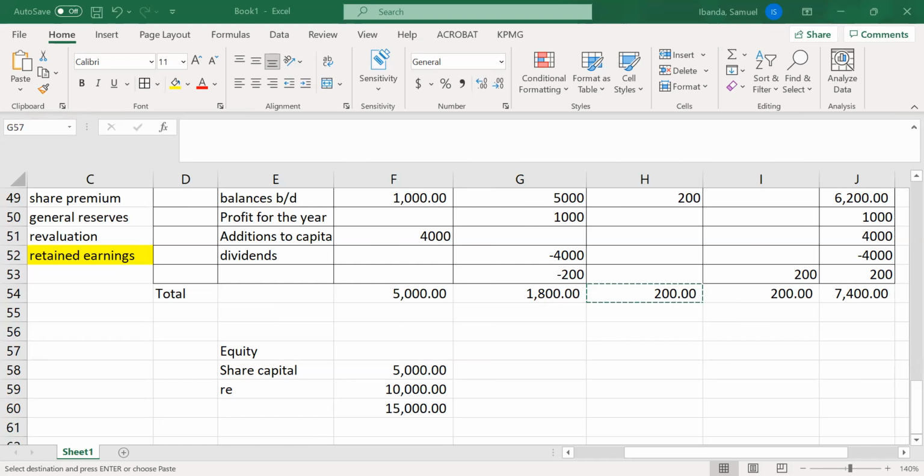So there's that difference. And then when it comes to realization, realization is more of selling, because when partnerships are closing down, we are basically selling off, let's say, the assets, and the partners are able to share the proceeds. So those two different concepts have a different way of how we handle them.